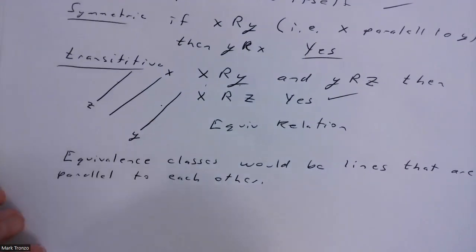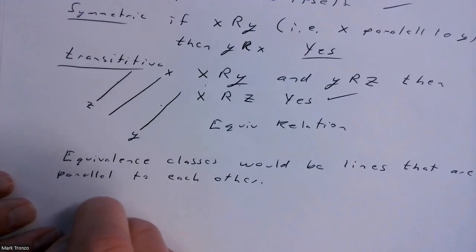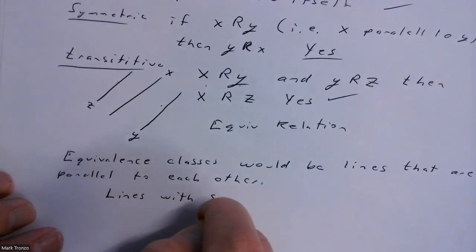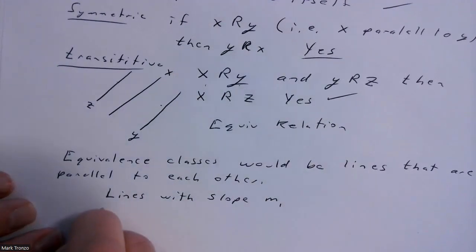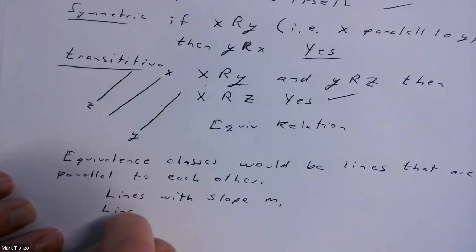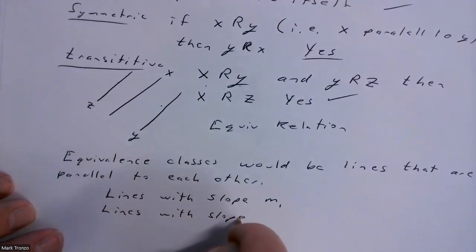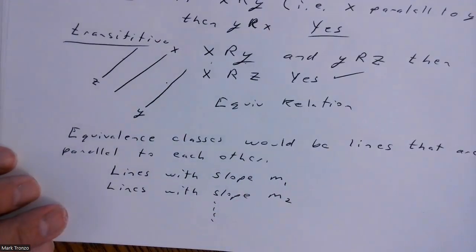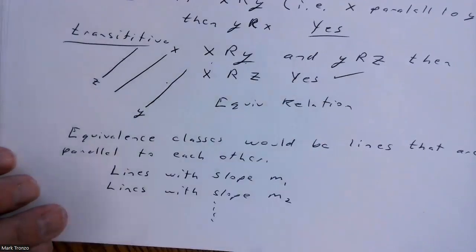Or you could think of it this way: one set would be lines with slope M1, then another set would be lines with slope M2, etc. Of course, this is going to be infinite because you can have an infinite number of slopes.